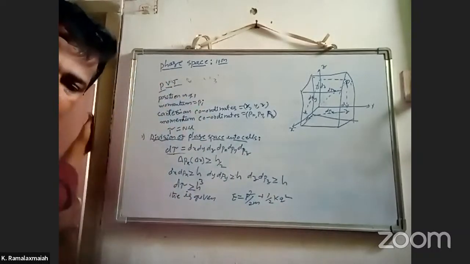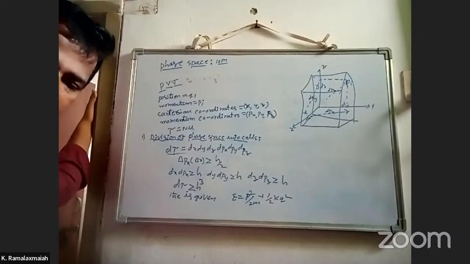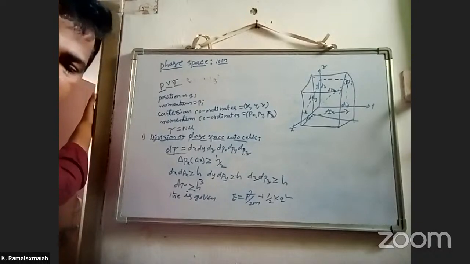Here q and p are the position coordinate and the conjugate momentum.